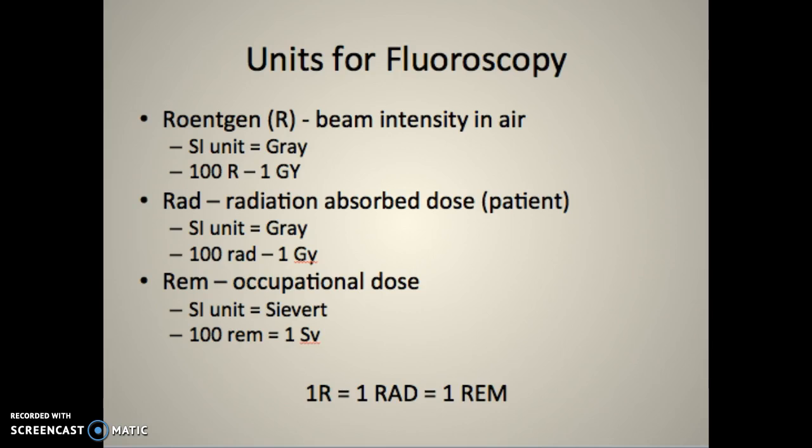The REM is our occupational dose. It's measured in the sievert in the SI unit, and 100 REM equals 1 sievert. So the one thing that you probably are seeing a pattern of is 1 roentgen equals 1 RAD equals 1 REM. So keep it simple that way.